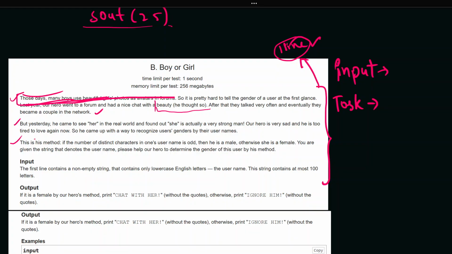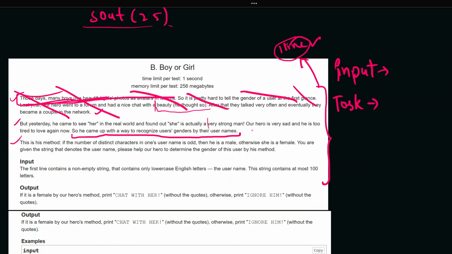Fine. But yesterday, he came to see her in the real world and found out she is actually a very strong man. Our hero is very sad and he is too tired to love again. So he came up with a way to recognize users' genders by their usernames. So we don't even need to care about all of this. This is what we have to care about.